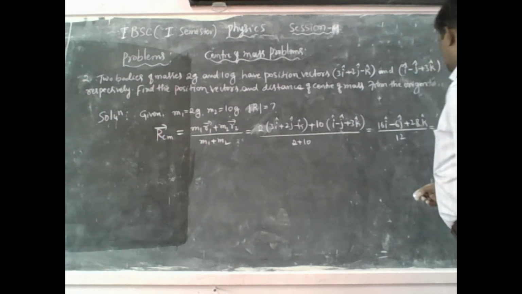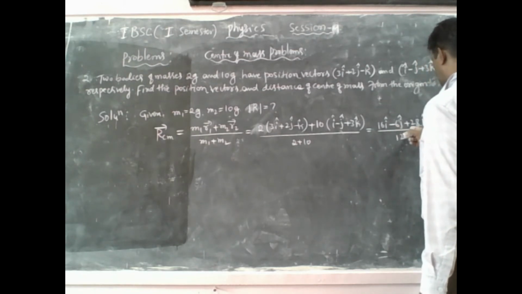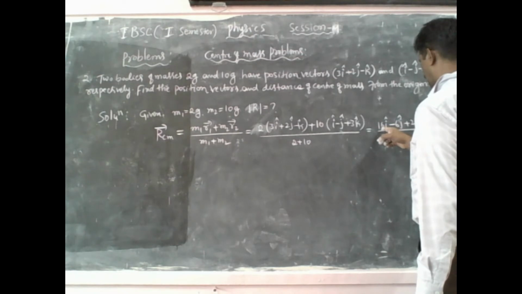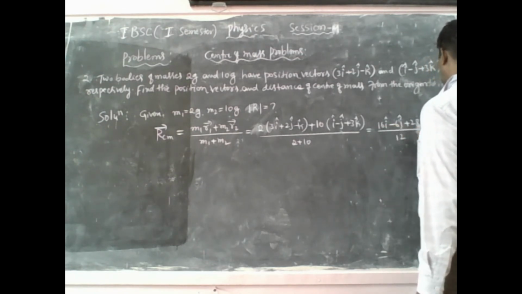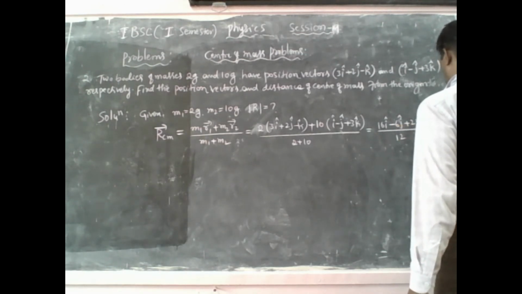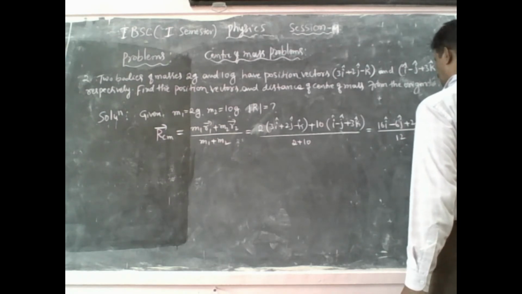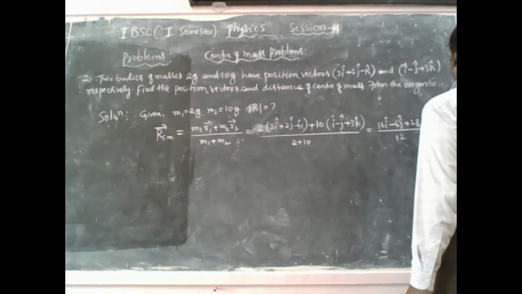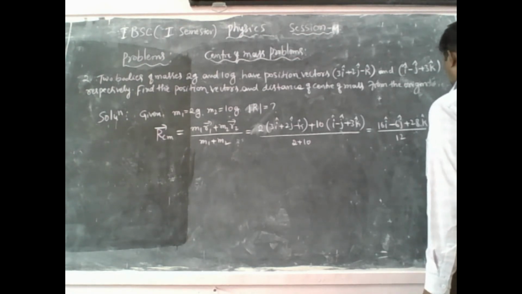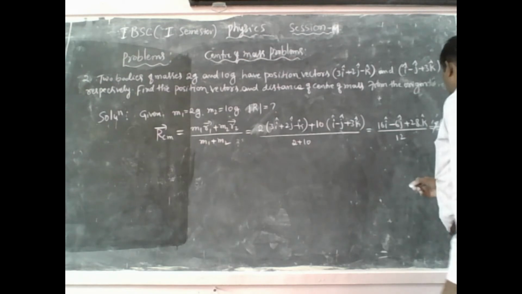So we can take out 2 from the equation. 2 can be taken out, and what is the remaining? 8i minus 3j plus 14k, divided by 12. 2 ones are 2, 6 are 12, isn't it?